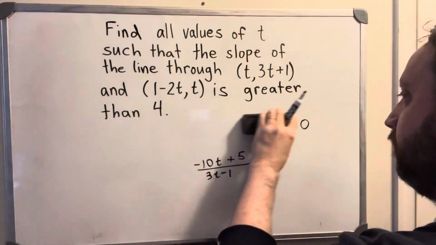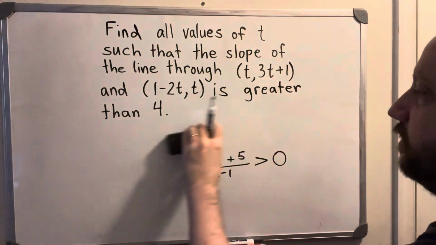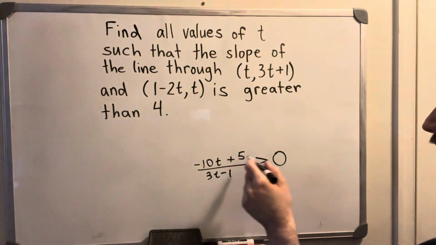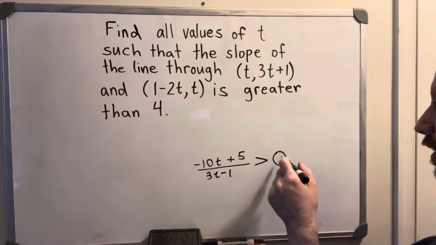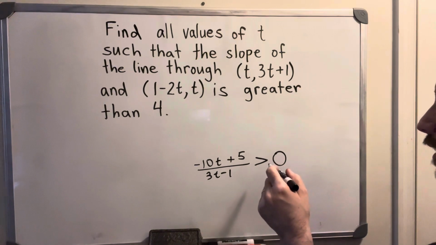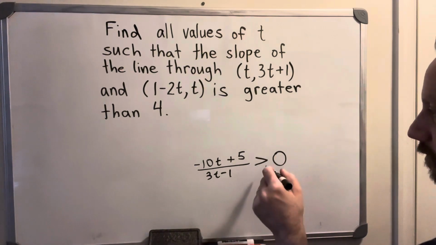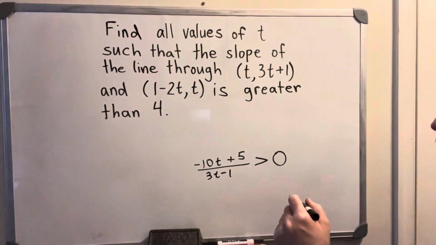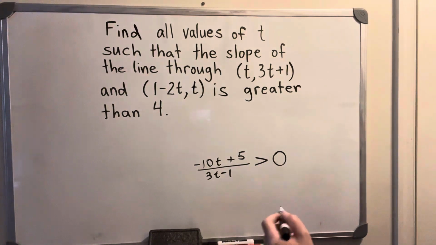Why do you think we have done this? For this to be positive, greater than 0, what do we have to have? Do you know?